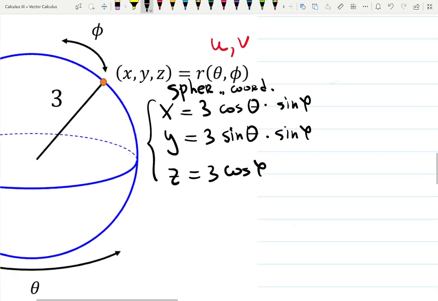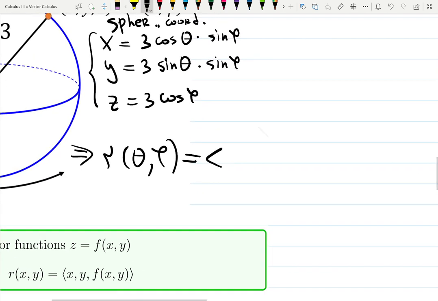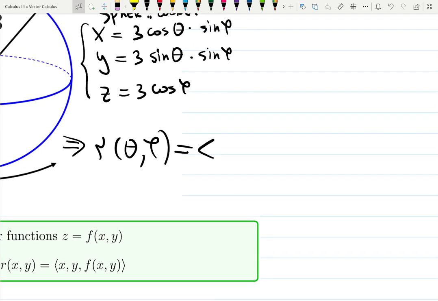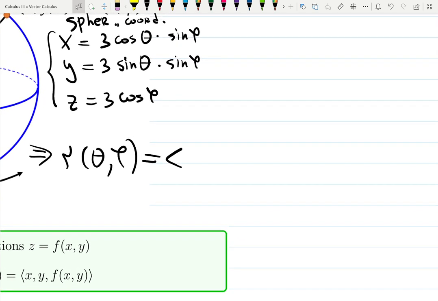Here they are. Let's convert this into two dimensions, only using theta and phi, because r over here is a fixed number, so we don't need that dimension. Then it becomes r that only depends on the angle spinning around and the angle with the z axis, which we don't even see here, and can be described with a vector. We're just going to list all of these components because it's basically all done already.